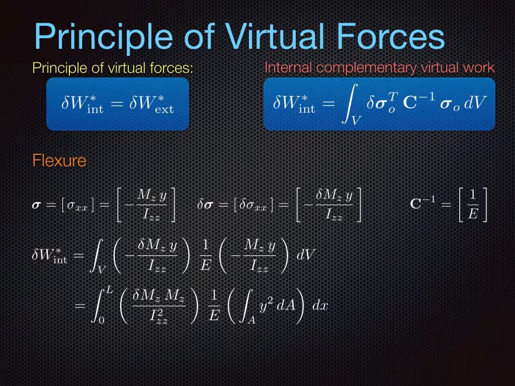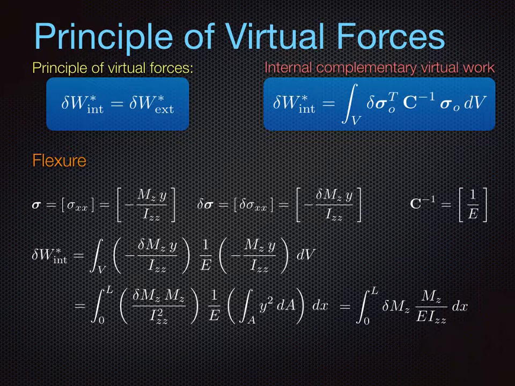I pulled out the terms that are not dependent on the cross-sectional area to the outside, which are del mz and mz itself. They'll be divided by izz squared. The two negative signs we had would cancel each other out. Of course, 1 over E in a homogeneous cross-section can also go outside the area integral, which would then just leave us with the task of computing the integral of y squared over the cross-sectional area, which itself is nothing other than izz, which would then simplify into this form.